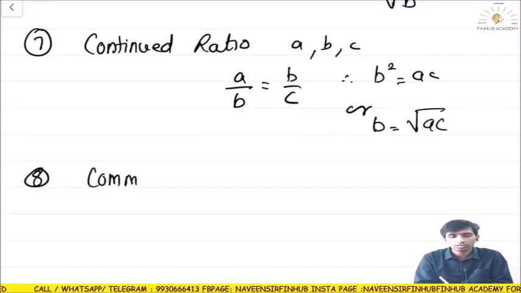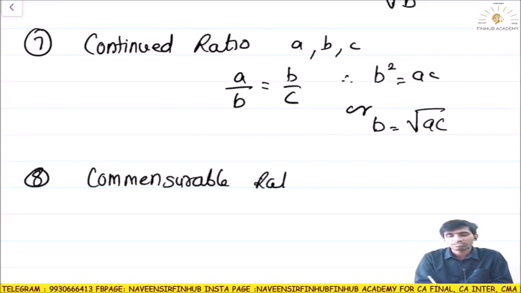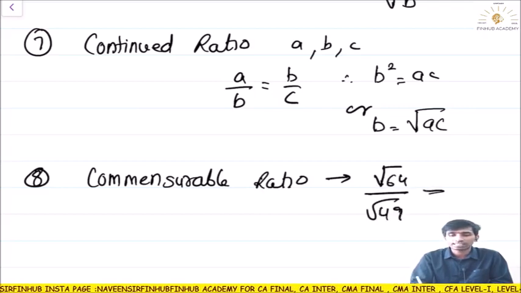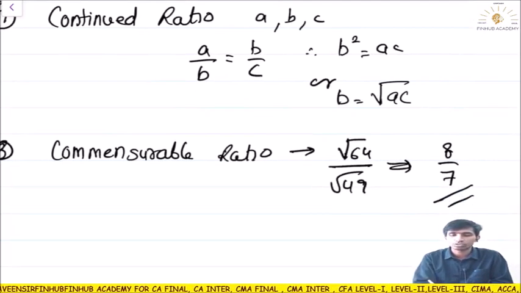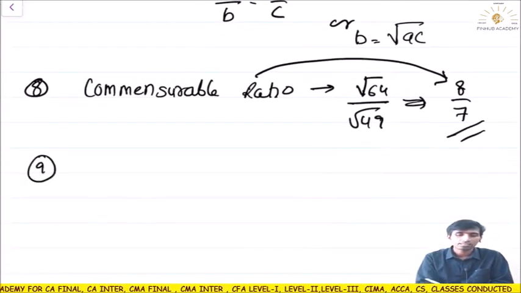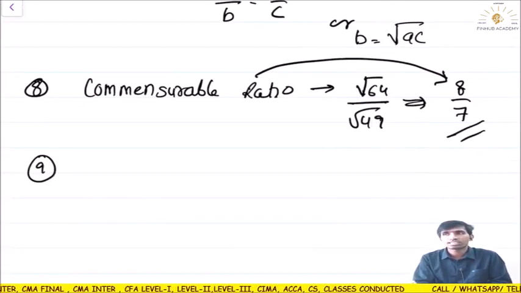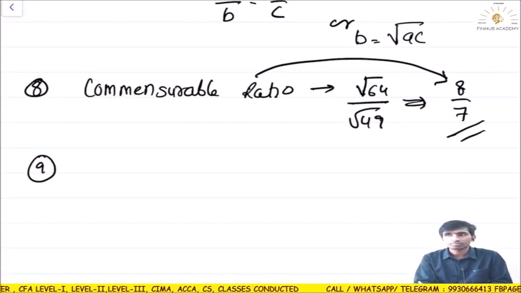Commensurable ratio. Commensurable ratio means if the ratio is something like root of 64 by root of 49, this can be written as 8 by 7. So this is commensurable ratio, when you can write it like this. It was in root form right now, but you can write it normally as two integers.